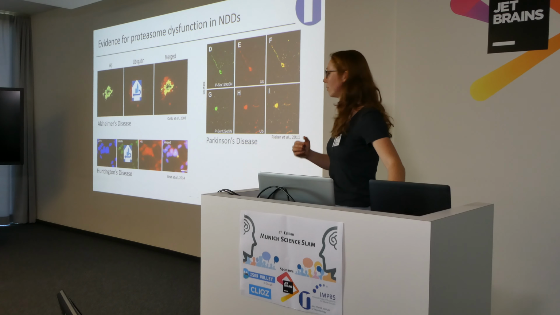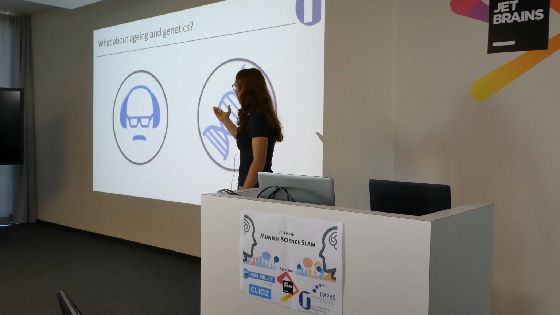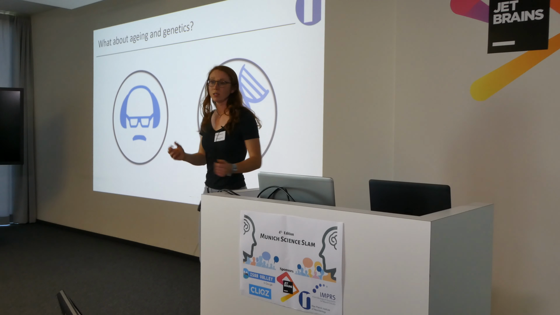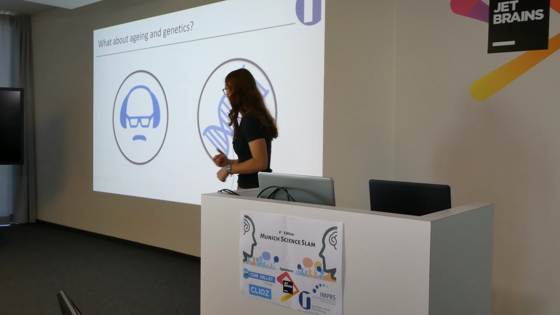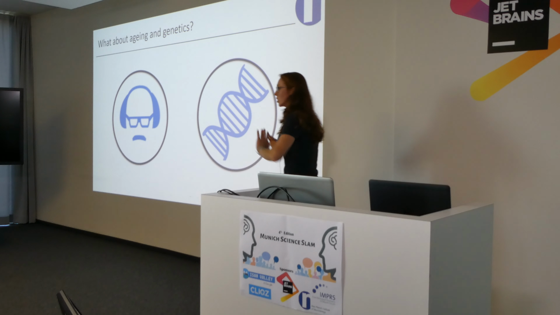But of course, when we think of neurodegenerative diseases, we are thinking about old people and genetics. But I can link the proteasome to these two factors as well. So it's been shown that as we age, our proteasome system gets worse over time. So you can think of this as accelerating that process of neurodegeneration and pushing those neurons over the cliff edge.